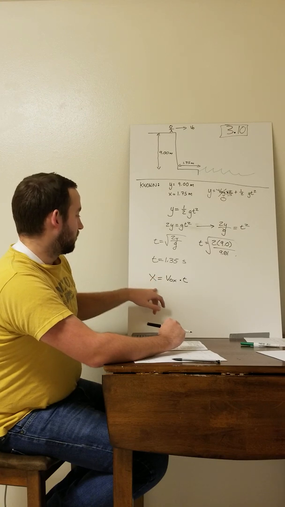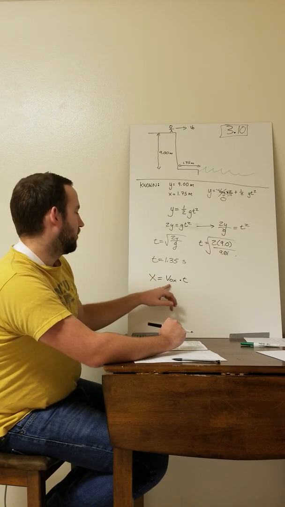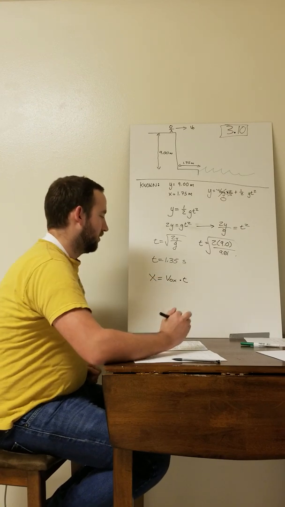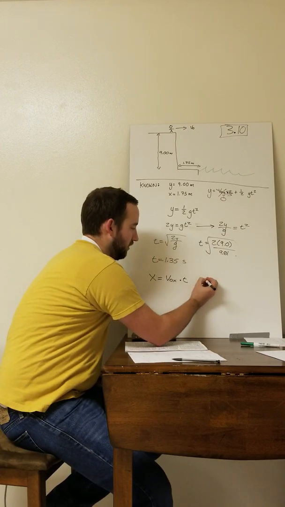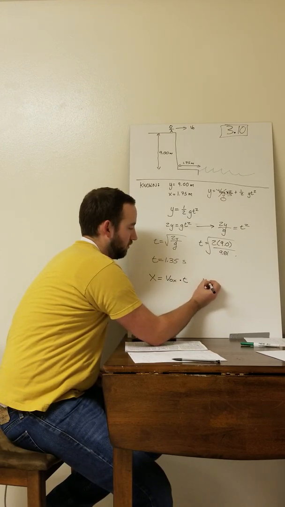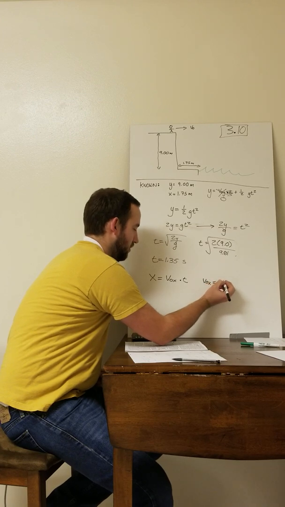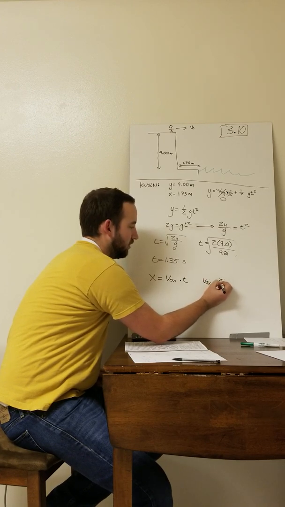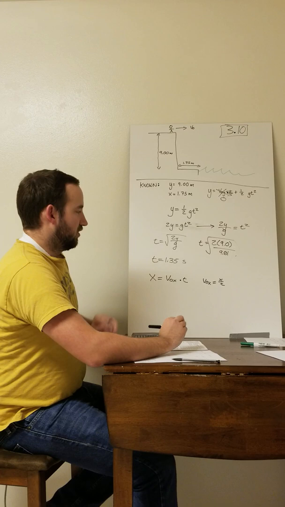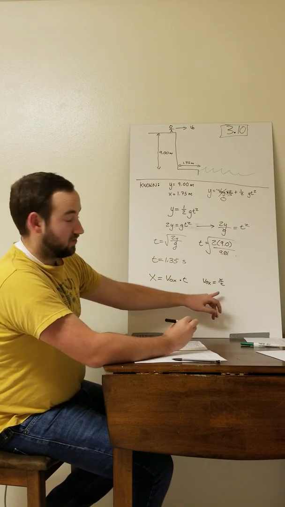So let's isolate our variable: v of x equals x over t. Now let's plug in the values we already know.